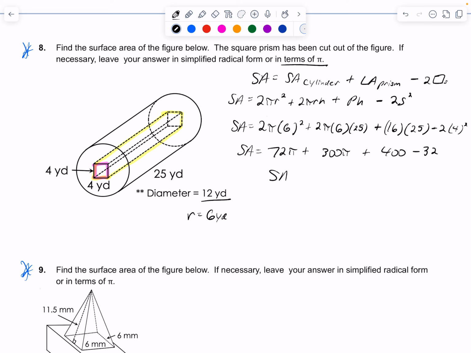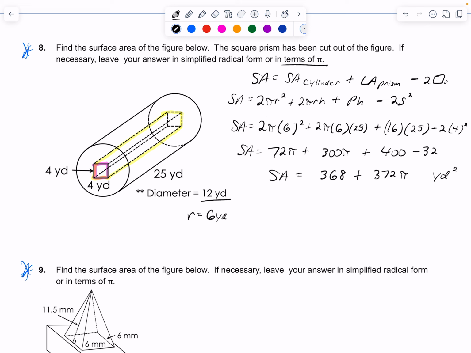All right, so all of that, again, we're going to leave it as an exact answer, is going to be 400 minus 32 is 368, and then plus 372 pi, and this looks like it's going to be square yards.